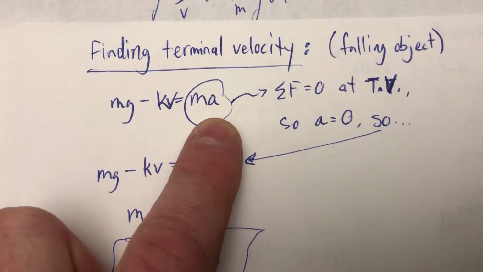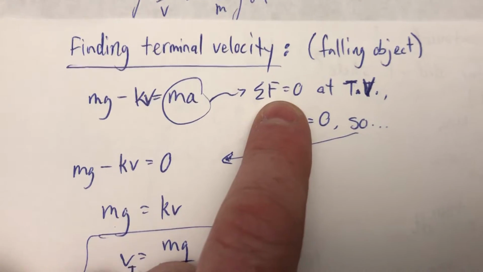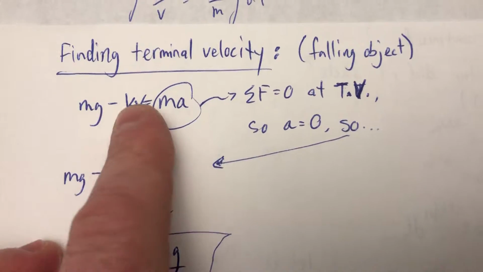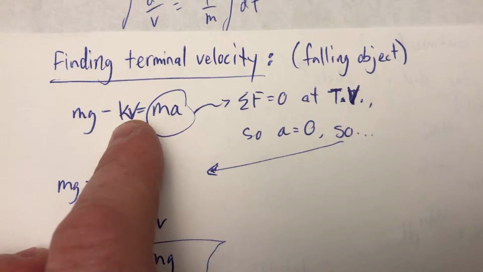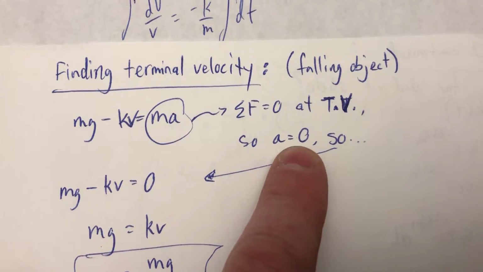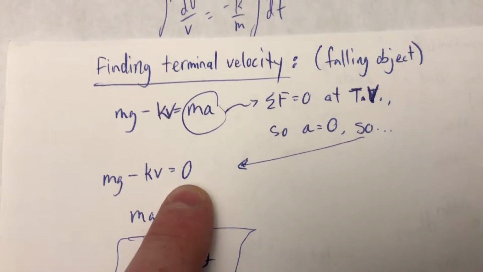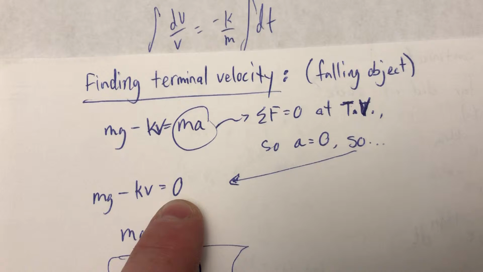You've got your Newton's second law equation. Terminal velocity occurs where the net force is zero because gravity and the resistive force have basically canceled each other out. They are equal, and this whole term goes away. In other words, a is zero. There is no more acceleration. So if you are looking for terminal velocity, this becomes zero, okay?